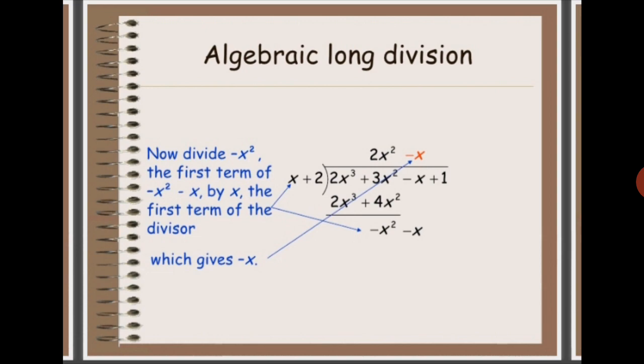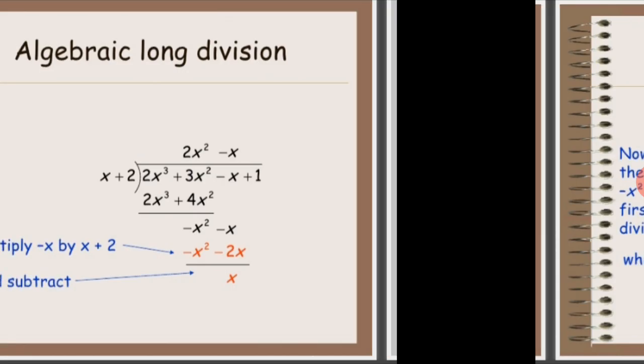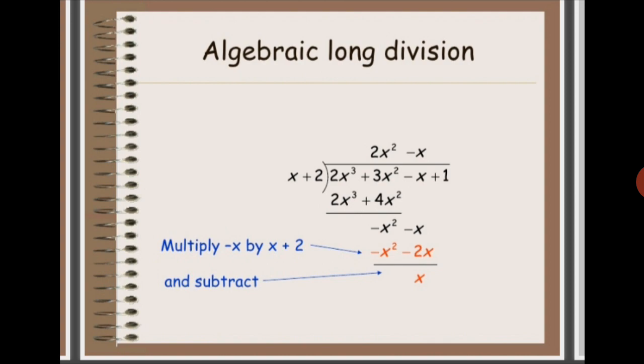But this minus x is now to be multiplied by both the terms of your divisor. So that multiplication will give you minus x square minus 2x. The next step, as usual, is subtraction. So when you subtract minus x square from minus x square, it becomes 0.